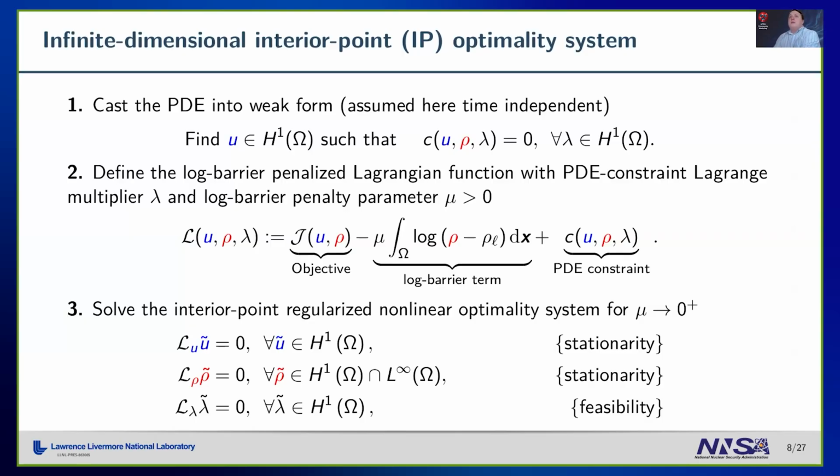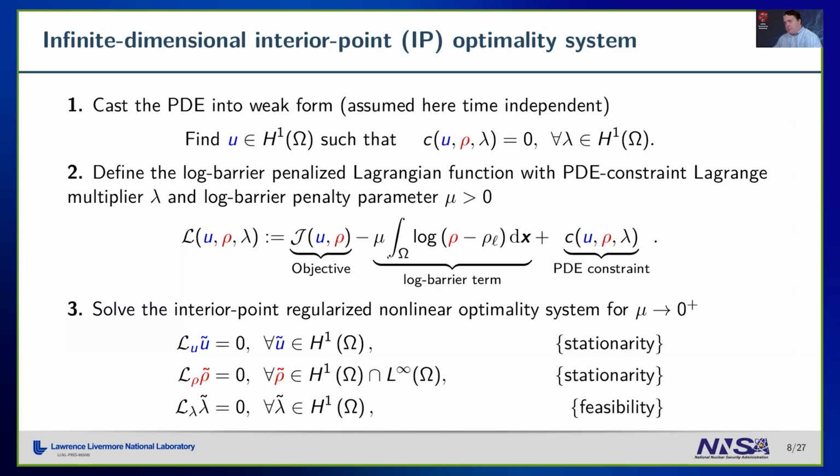Okay, so to get a better sense of the algorithmic approach, what we do is the following. Cast the PDE into weak form and form a Lagrangian for the log barrier subproblem. This is standard in interior point methods.